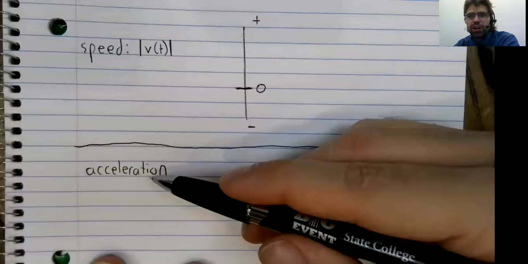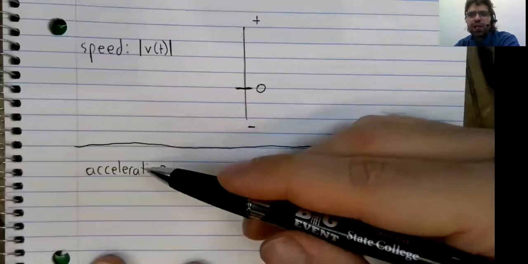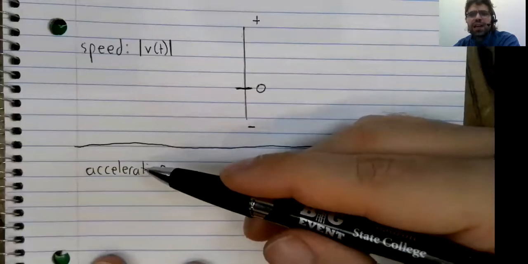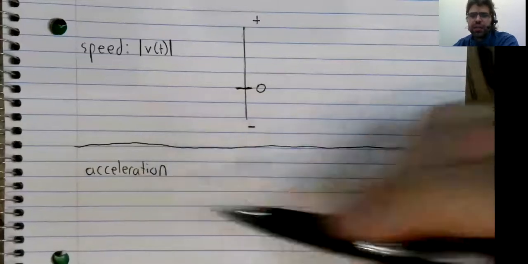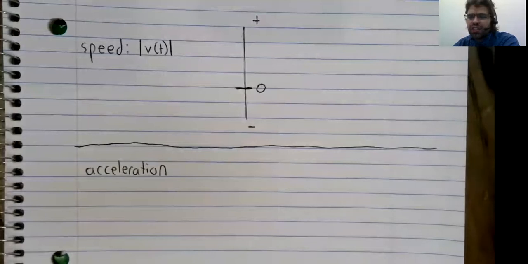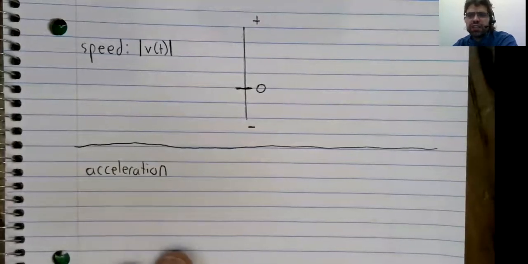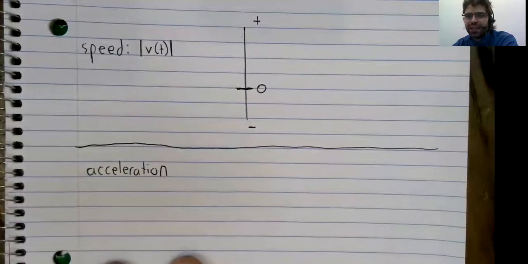Acceleration of an object is what? Well, it's how the velocity is changing. Is the velocity increasing? Is it decreasing? What's happening to it?